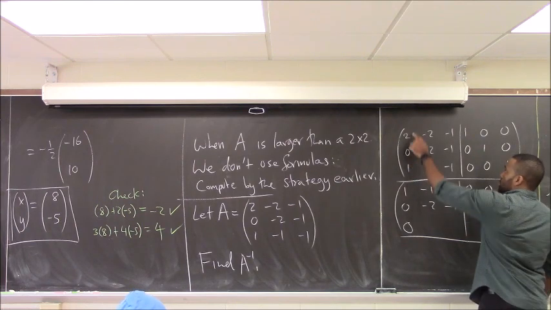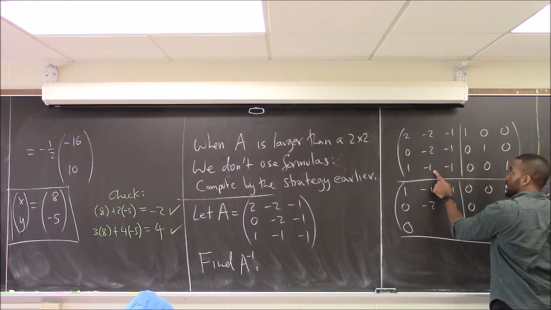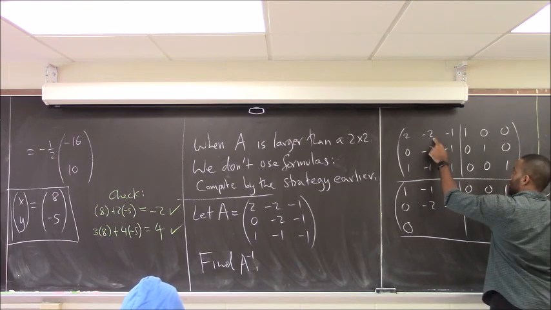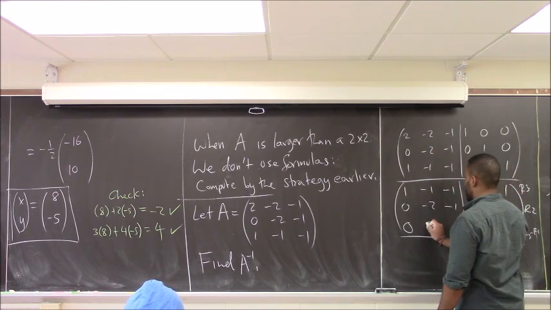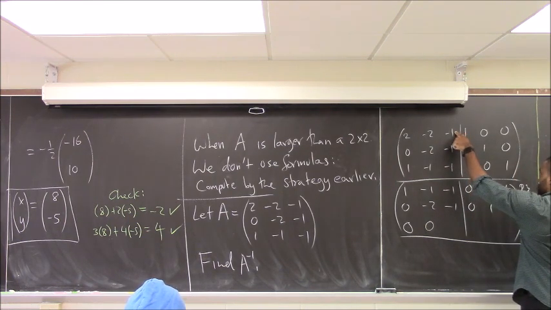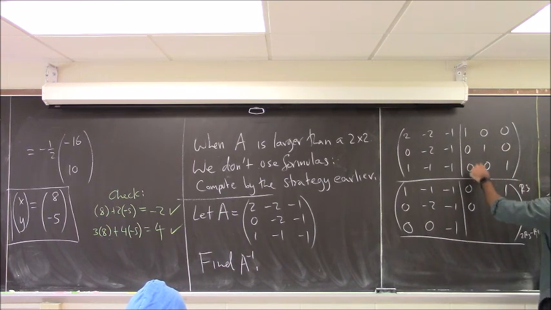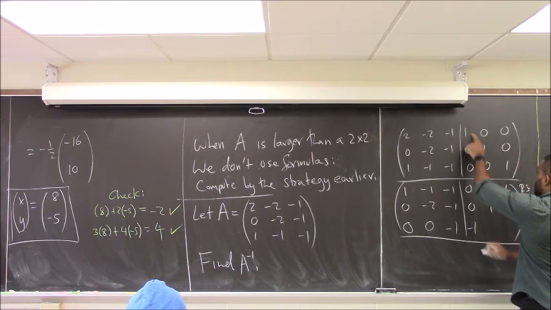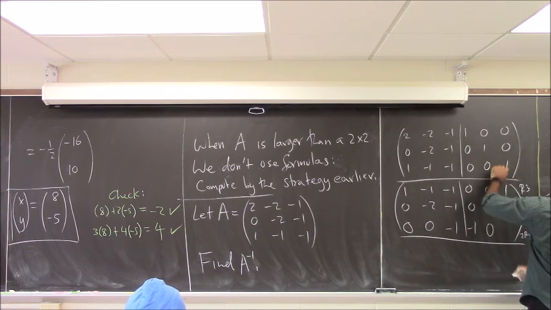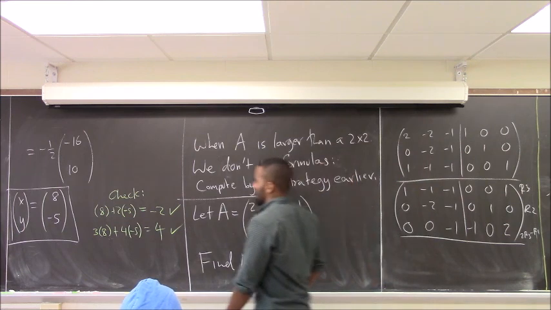So 2 times this minus that, 0. 2 times this is minus 2, minus a minus 2, well, that's again 0. 2 times this is minus 2, minus a minus 1, that is minus 1. 2 times 0, minus that, minus 1. 2 times 0, minus that, you get 0. 2 times this is 2, minus 0, so we get that. So that's nice.